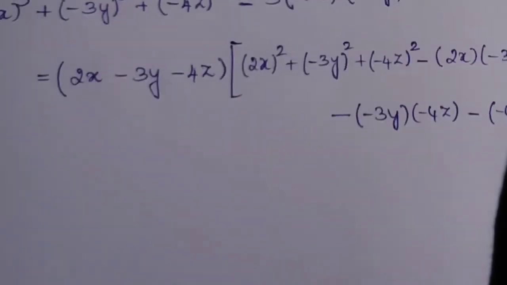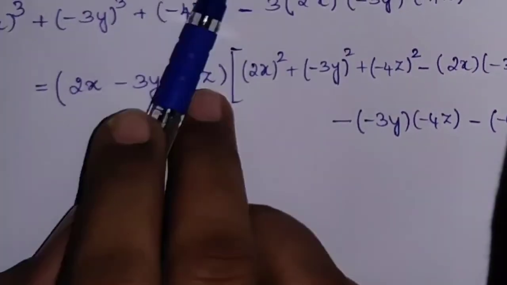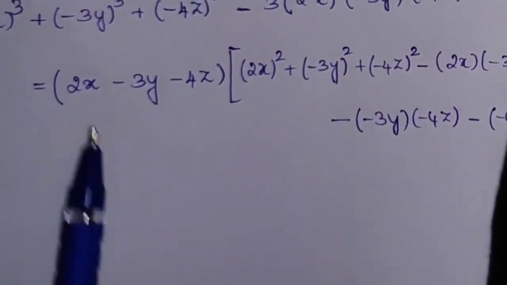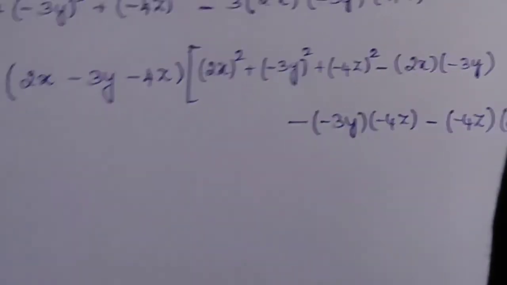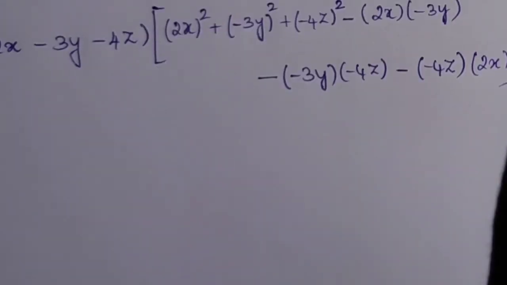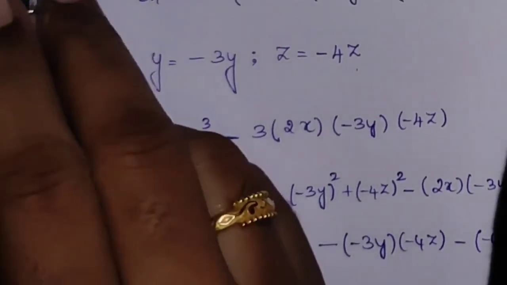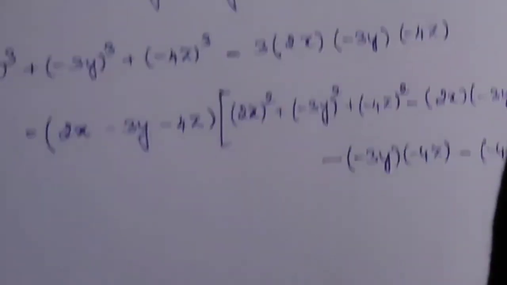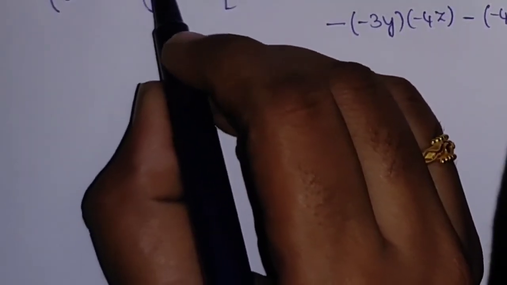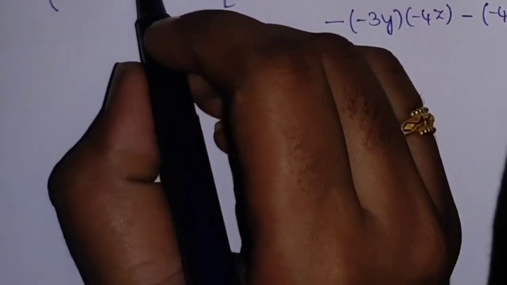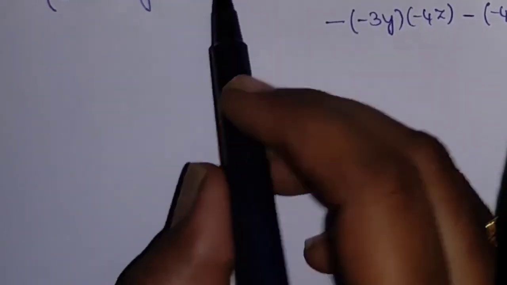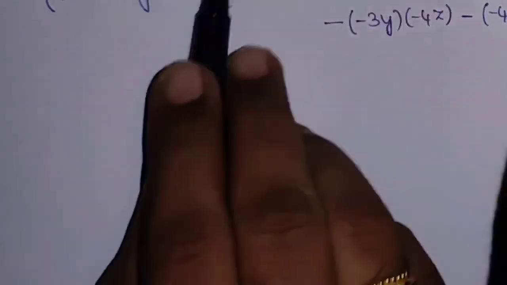Okay, so I first find what x, y and z are, then substitute all this in that identity in place of x, y and z. Okay, so we have replaced it now. In the question it is said that 2x minus 3y minus 4z is equal to 0. So this is 0, right? So 0 into anything will become 0.